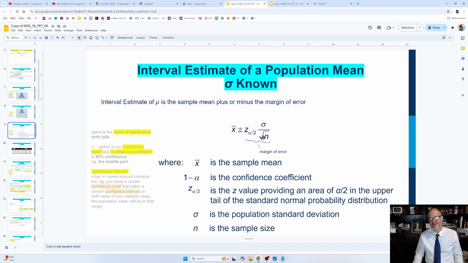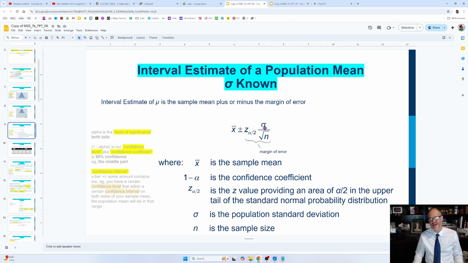This is the quantity that we want, and this is how many of those we want. This part here is called the standard error, and you could think of it as the standard deviation for this thing here.